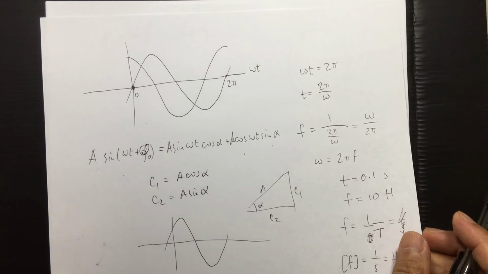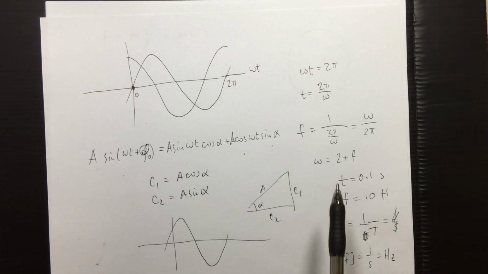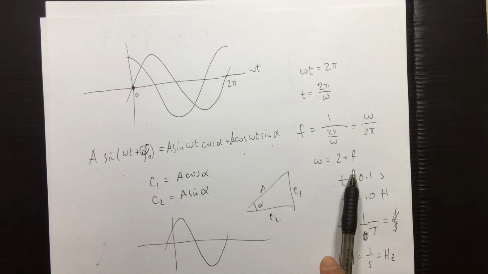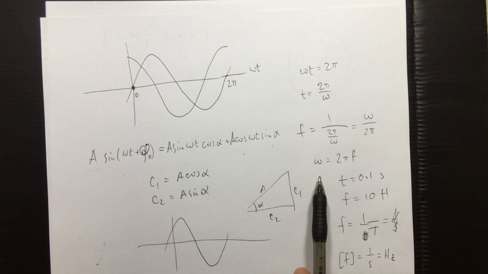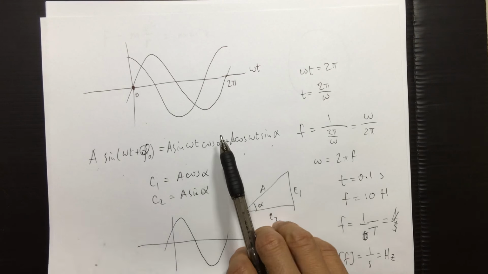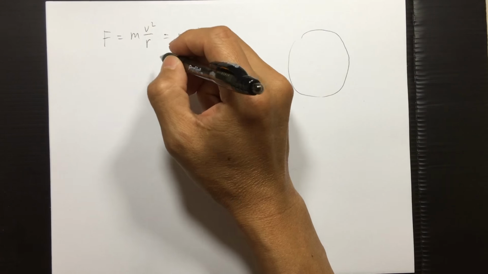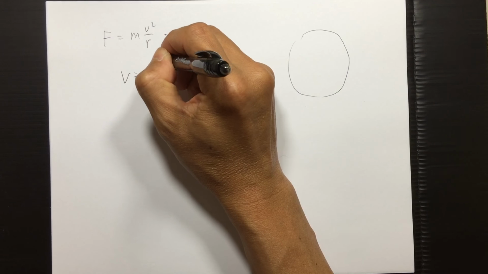Way back when, on the old slide, I introduced this. This is time per cycle. When you multiply by 2 pi, this becomes radian per time. This is how many radians you go per time. You know, velocity is distance per time.